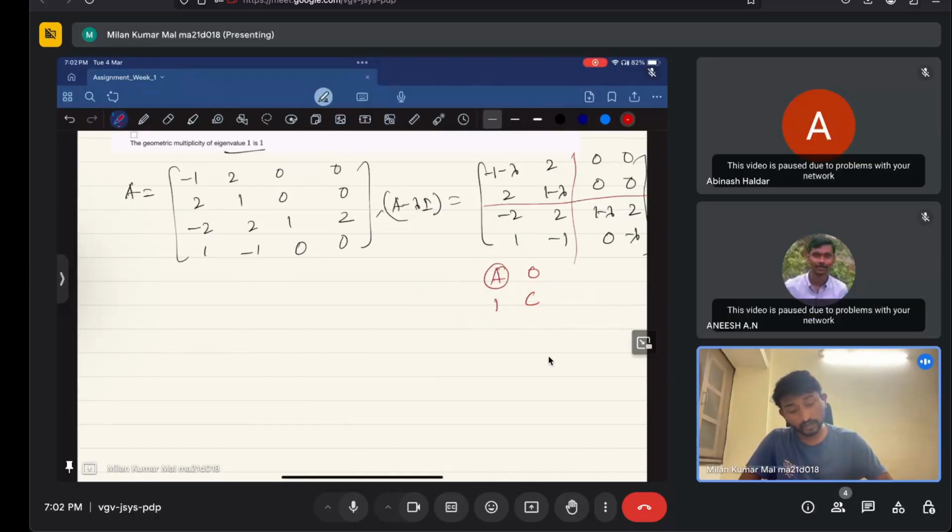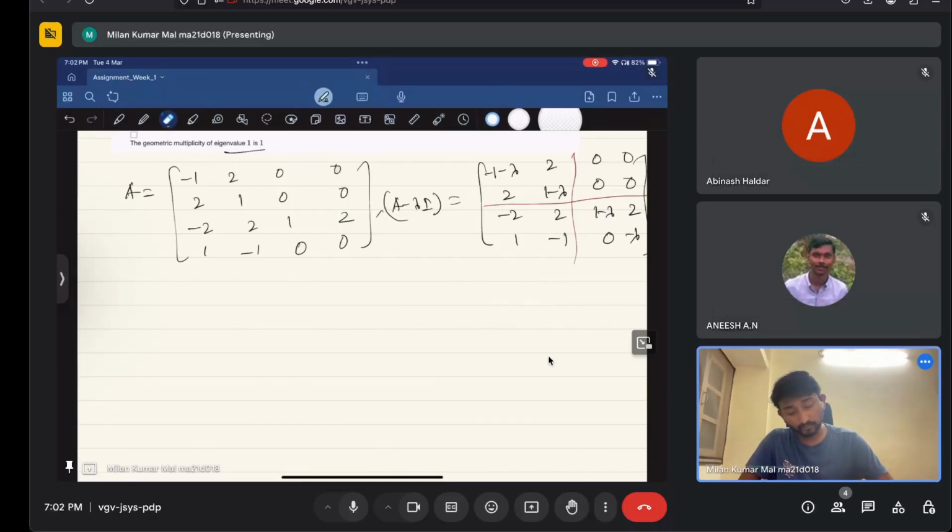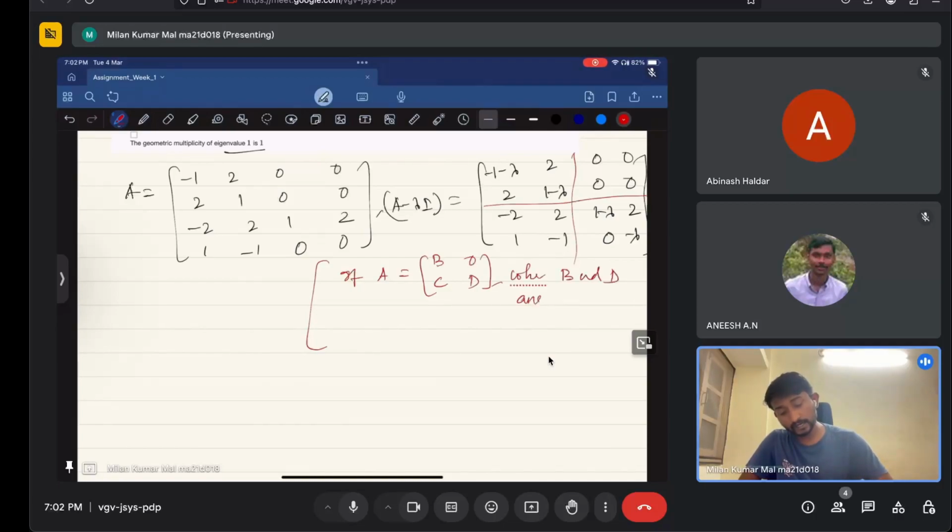Main point I just want to say here is that if A equals B 0 C D, where B and D are square matrices, then determinant of A is equal to determinant of B times determinant of D. And A should be a square matrix, obviously.